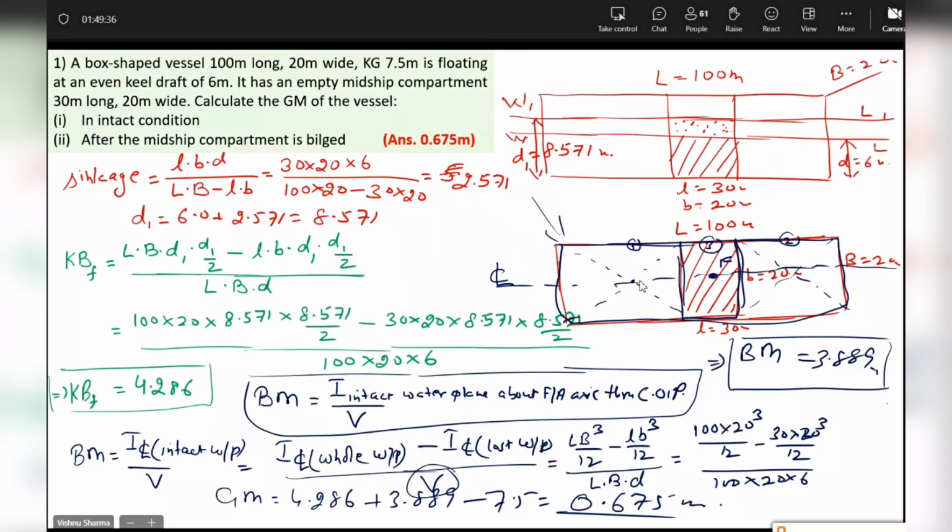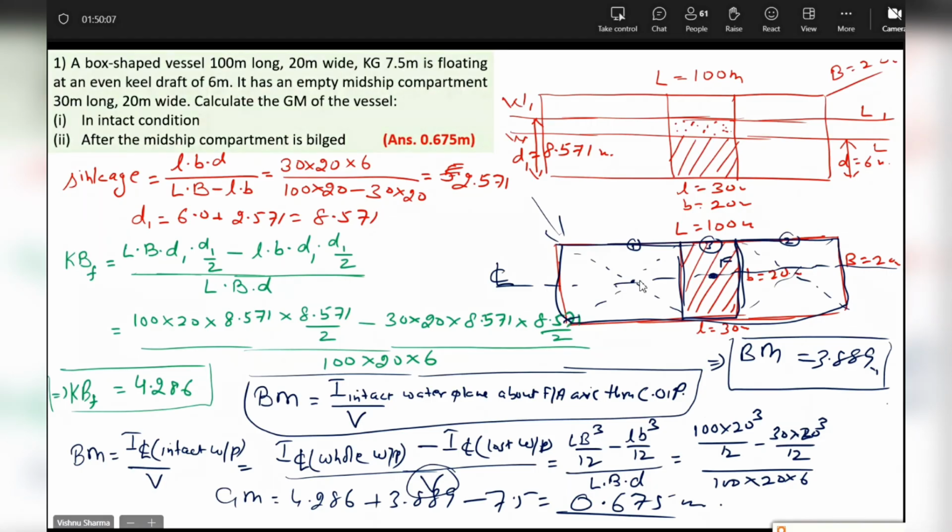Like in the case of the book, when we had removed something from in between, the height of the geometric center will still be half the height. So you can visualize the water plane area from keel to water line W1L1, and see if the water plane area at half a meter draft, 1 meter draft, 4 meter draft, 7 meter draft up to the W1L1 is the same, then the KB will be D1 by 2 and you don't have to calculate that.